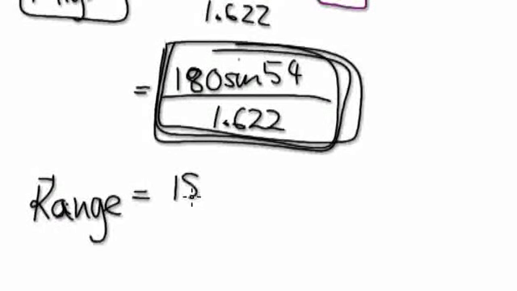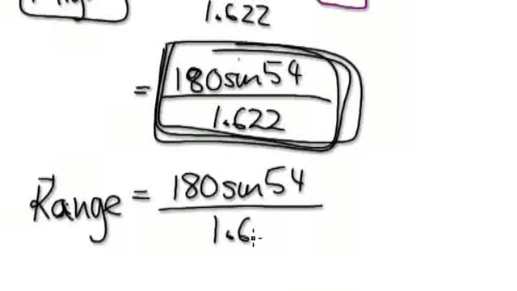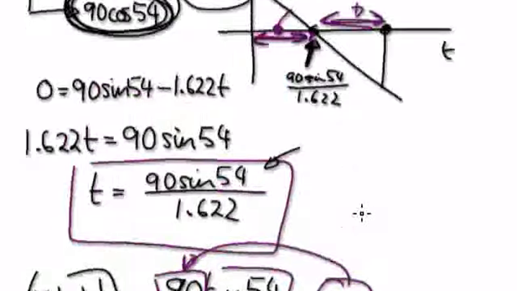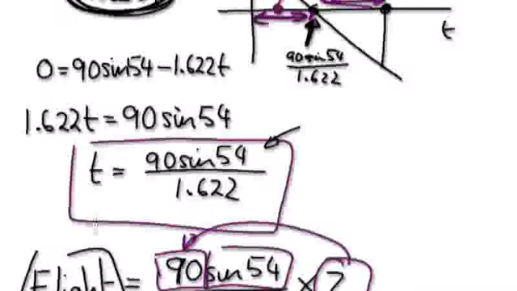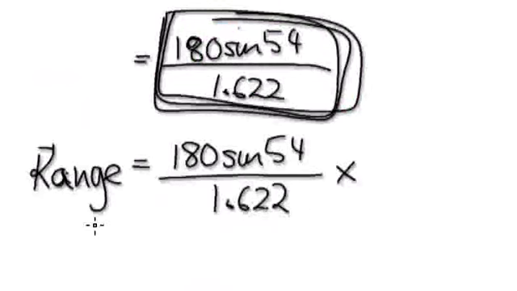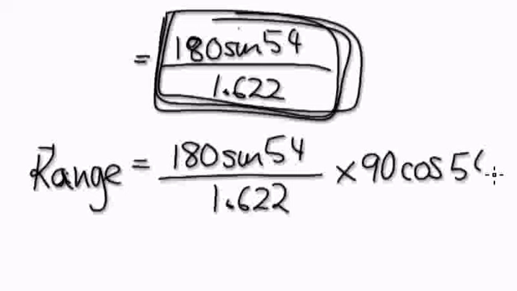So I'm going to get 180 sine 54 over 1.622, and then we're going to times it with the horizontal speed here. So it's now you and your dad sitting in a car. So the horizontal speed is 90 cos 54.